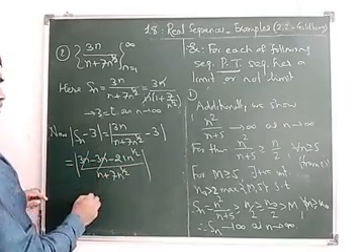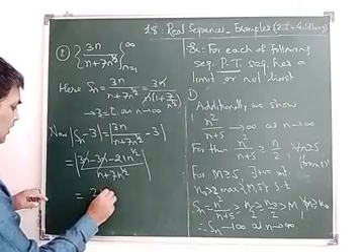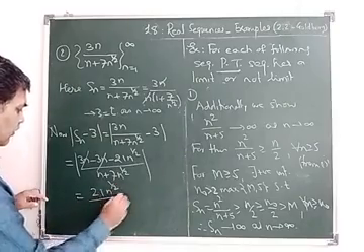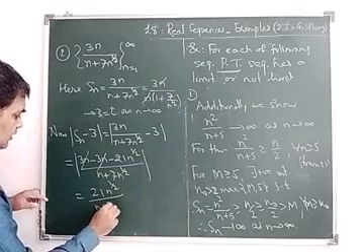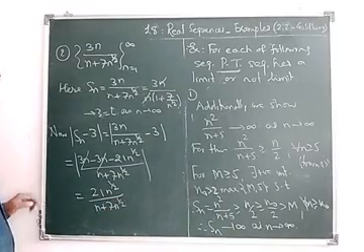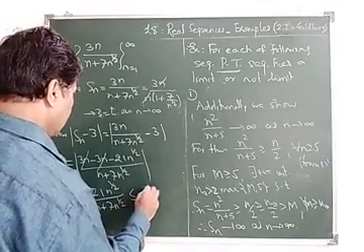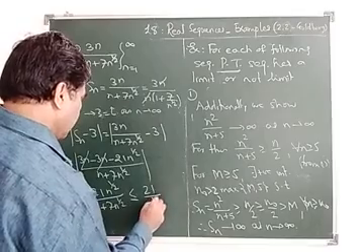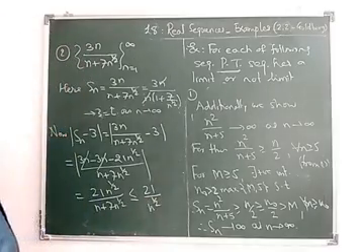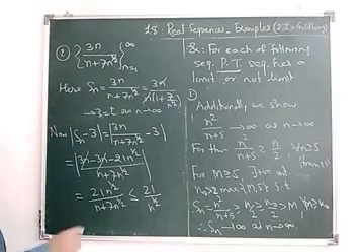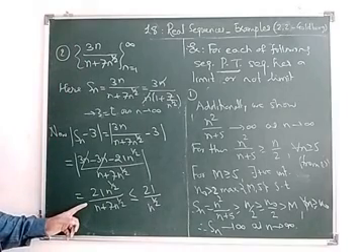The 3n gets cancelled, so this is nothing but 21 n raised to half upon n plus 7 n raised to half. This is less than or equal to 21 upon n raised to half.